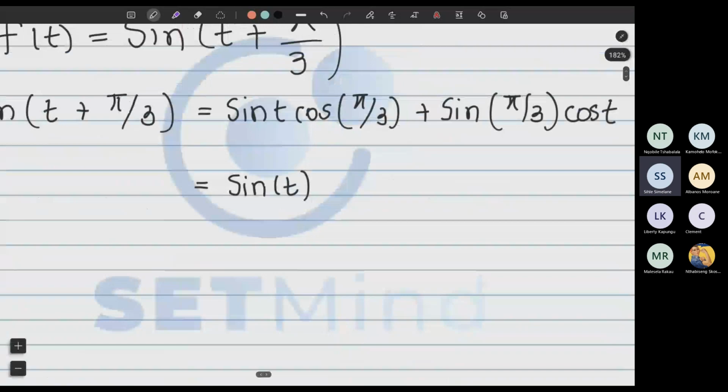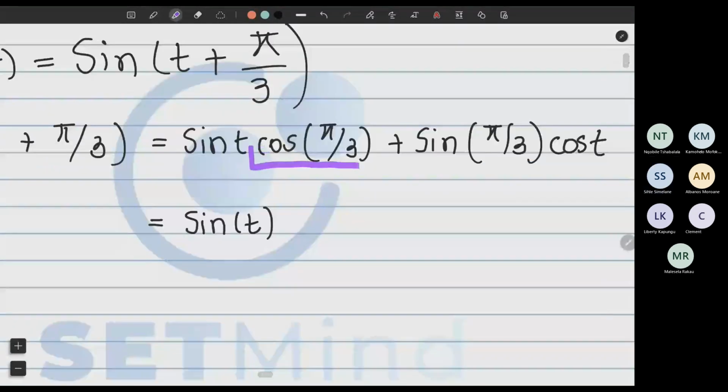So what is cos of pi over 3? Anyone? Special triangles. What is cos of pi over 3? Can you repeat?